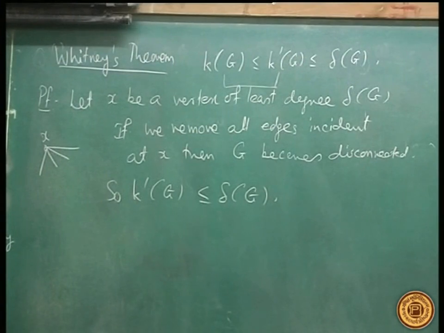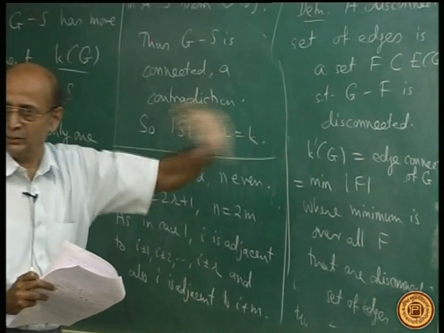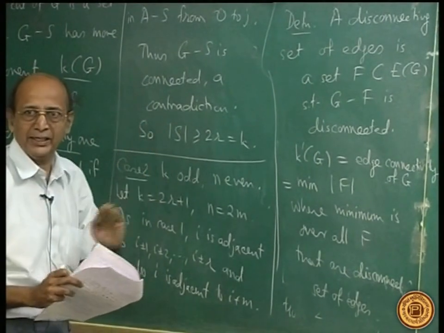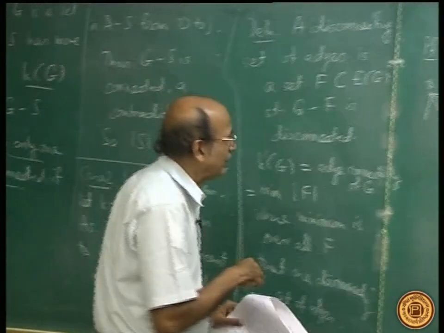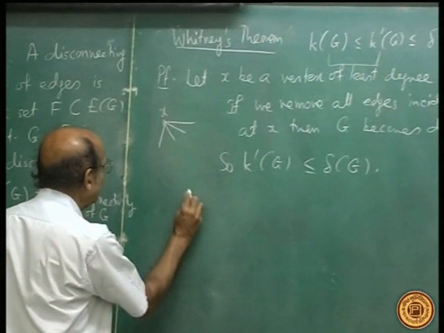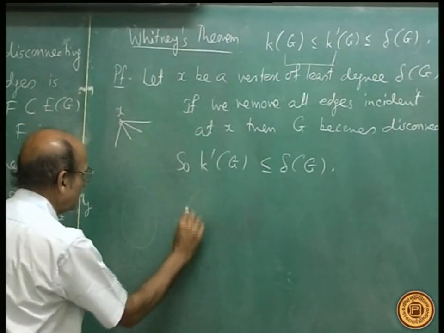What is it that we mean by edge connectivity? The least edges whose removal will make the graph disconnected. Mean to say that portion.